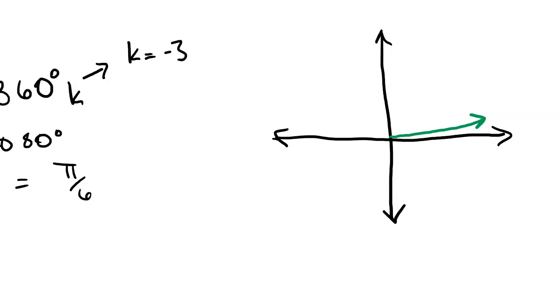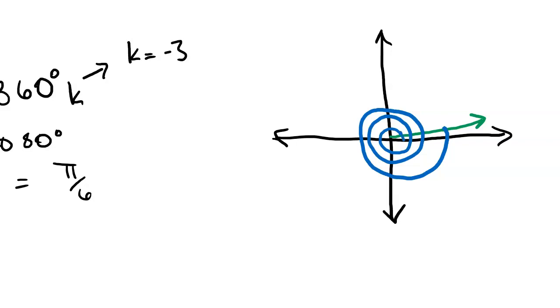Our rotation is going to be shown by a circular arrow again, except this time it's positive, so we go in the counterclockwise direction instead of clockwise. So we start right here. Since k is negative 3, we go 1, 2, 3. And that is how we draw our angle. Sorry, the starting position should be here.